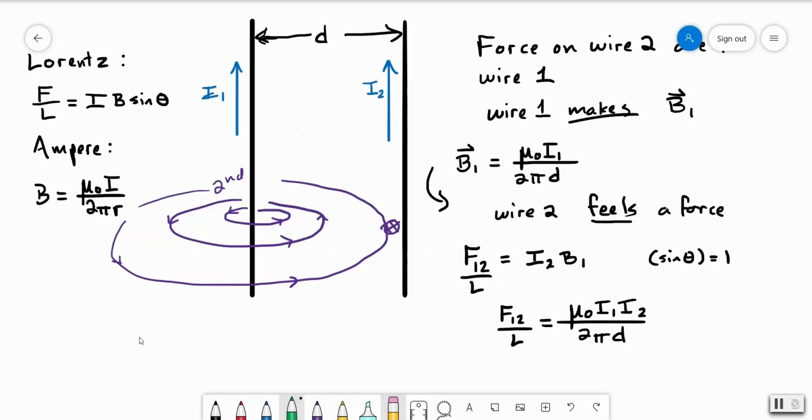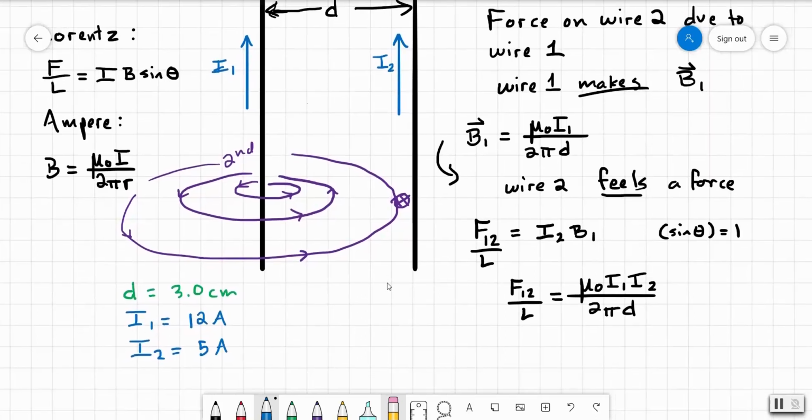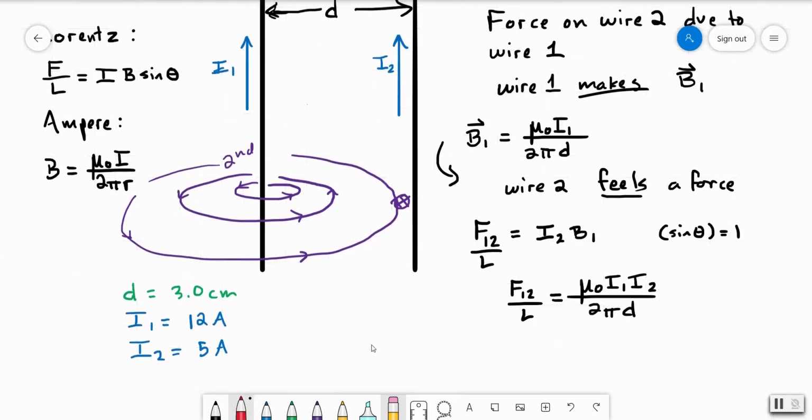So let's label our distance as equal to 3 centimeters. Let's label our currents: I1 is equal to 12 amps in wire 1, and let's put 5 amps in wire 2. And what that's going to do is give us a calculation.